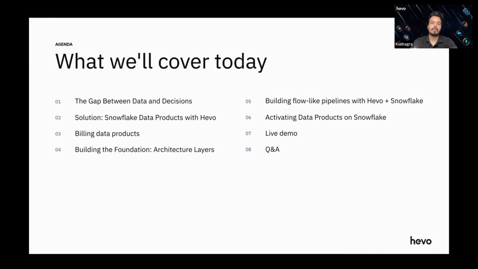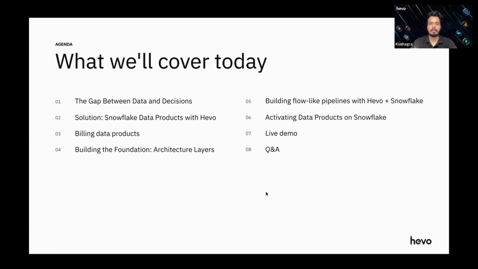Before showing you how we activate these data products, we're going to talk about the foundation layers, how we architect the entire flow from A to Z, building all the pipelines with Hevo, pushing data into Snowflake, followed by activating these data products on Snowflake. Whatever we've discussed so far, we're going to show you in the live demo, and towards the end, we'll have a Q&A session. Mandeep, we have a lot to cover.